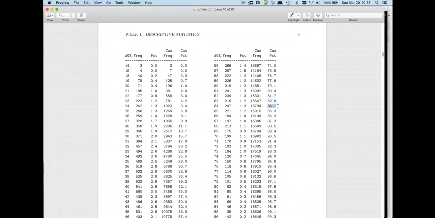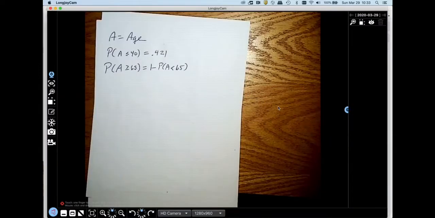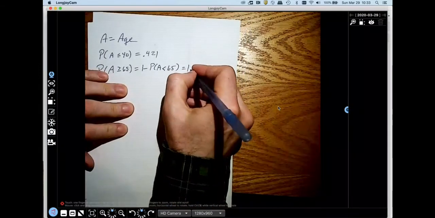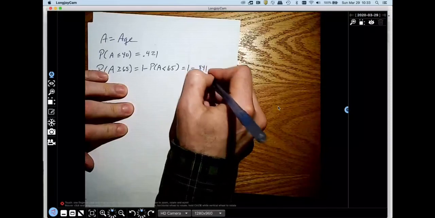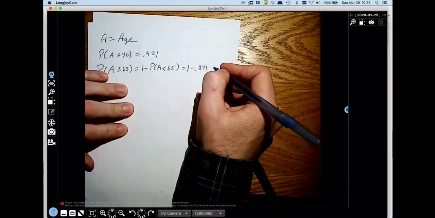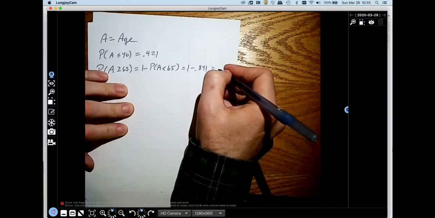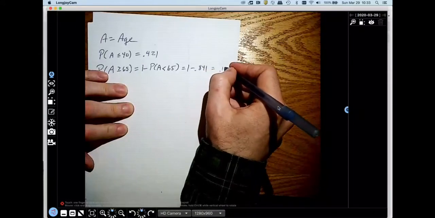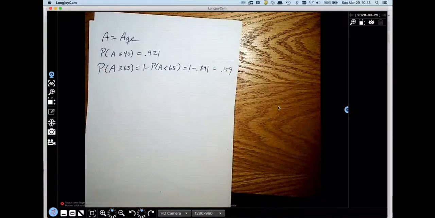The probability that you have age less than or equal to 64, or less than 65, is 84.1%. So I'm going to go write that down here. This would be 1 minus 0.841, which is equal to then, what would that be? 0.159 would be the answer to this question.